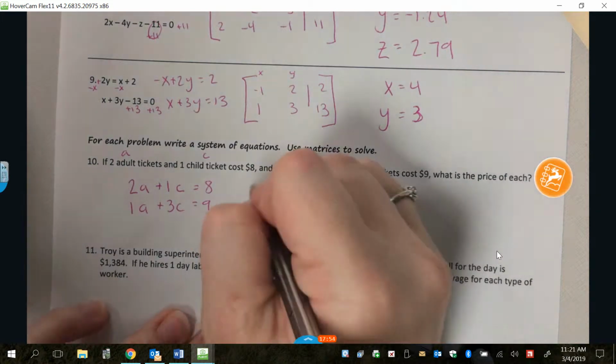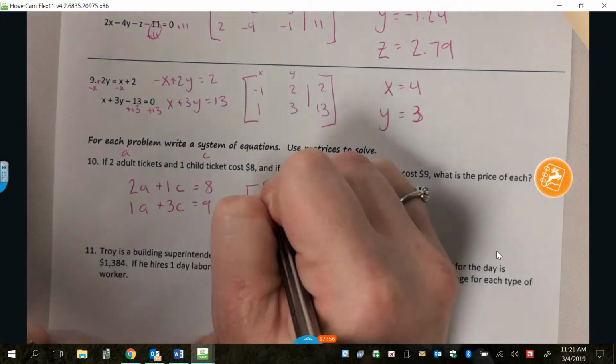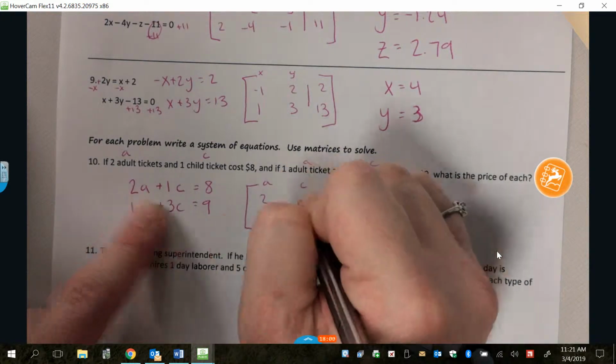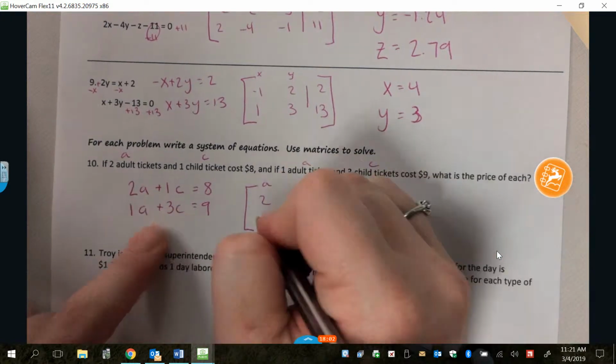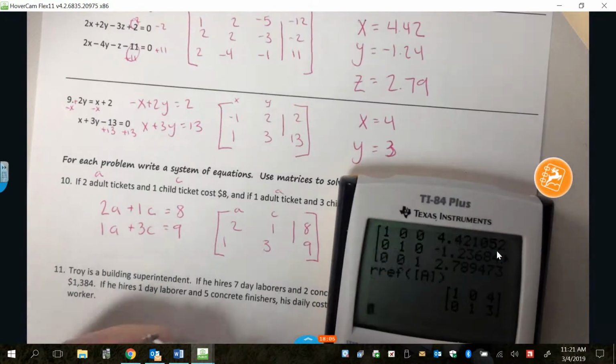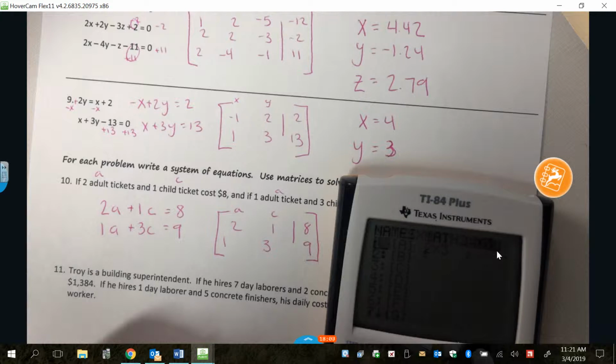So let's do the augmented matrix. So A, C, line for equals. So 2, 1, 8. 1, 3, 9.